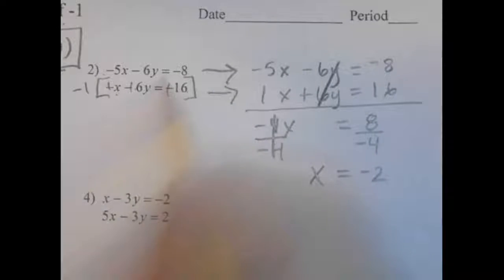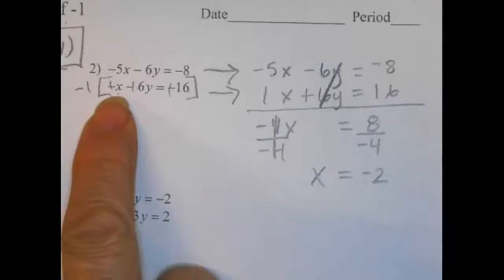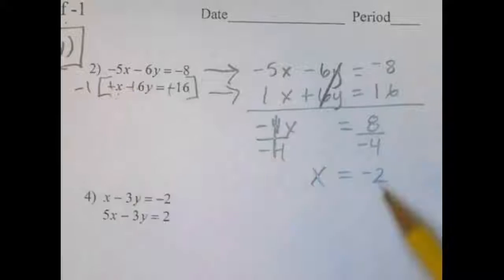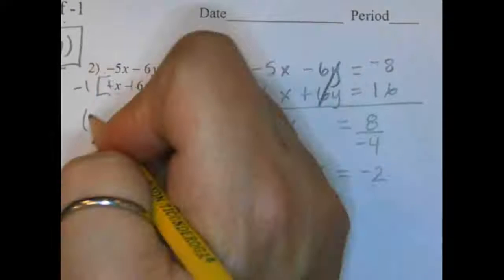I'm going to pick one. Which one has the least negatives? They both have 3 negatives. Which one would probably be a little bit easier to do? This one is just x, right? I'm going to take the bottom. So x is not x anymore. What is x? X is negative 2.